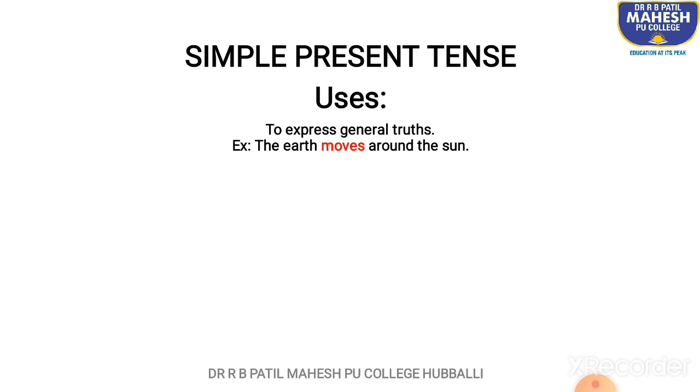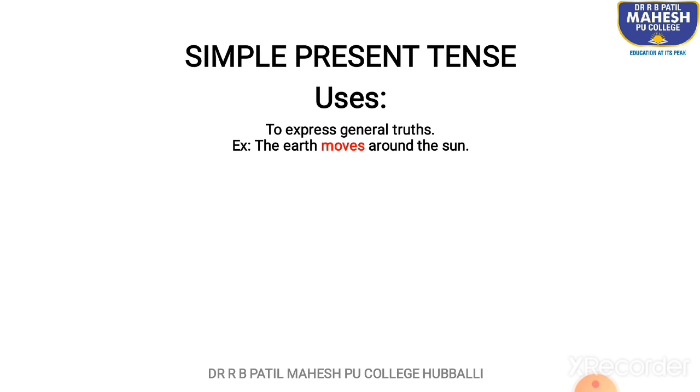To express general truths. General truths can also be understood as universal truths as well. So whenever we talk about a general truth or a universal truth, we always use simple present tense. Example: the earth moves around the sun.